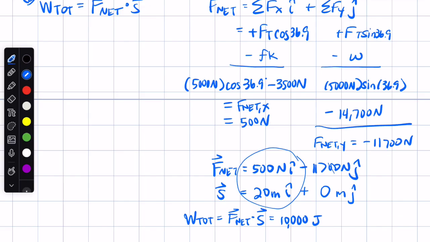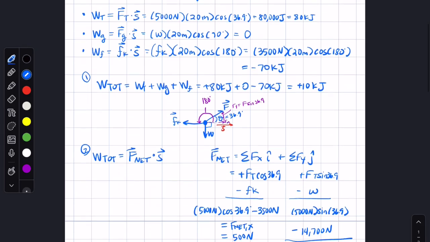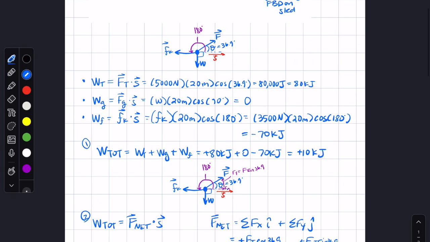This goes away because it's 0 times 11,700. So we get the same answer. Which one's more work or less work? In this case, they seem to be about the same. And what I mean by work now is the same amount of time plugging in numbers, doing calculations, right? So they take about the same amount of time to do both methods, but in certain situations, you may find one method more clear than the other.